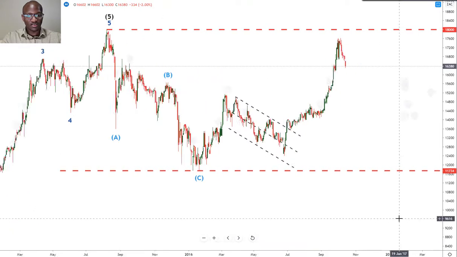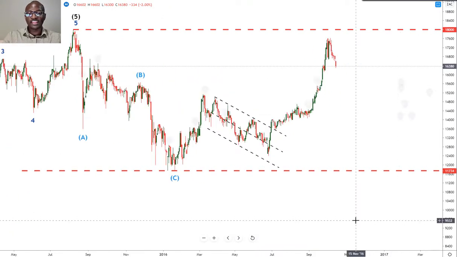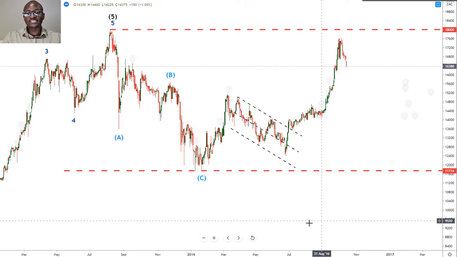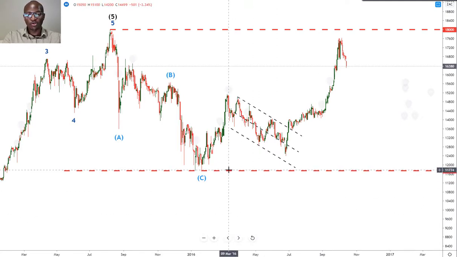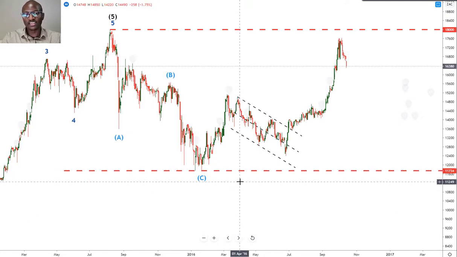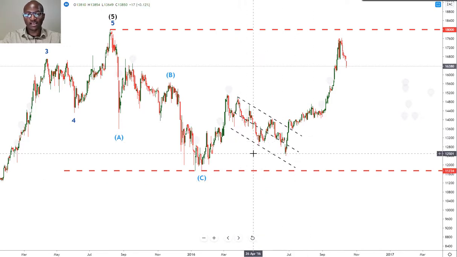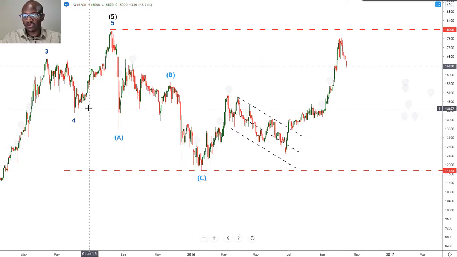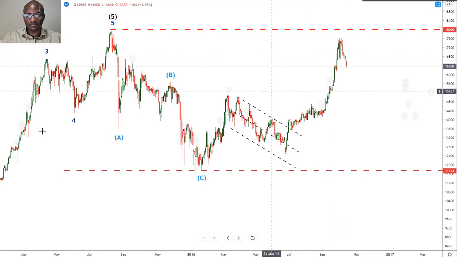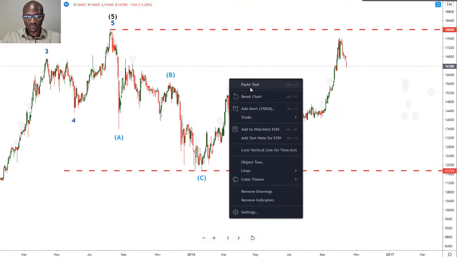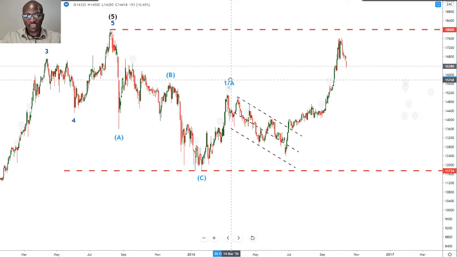And with the use of the Elliott Wave Principle, we wouldn't necessarily wait for a break below this neckline to confirm that we are in the bear market. But be that as it may, at this juncture here, we could label this advance as wave 1 or A, as we're not sure.